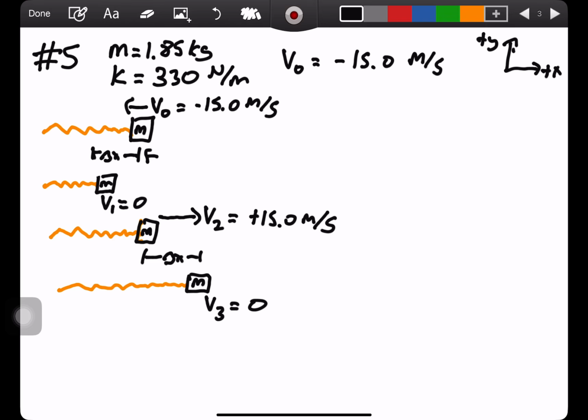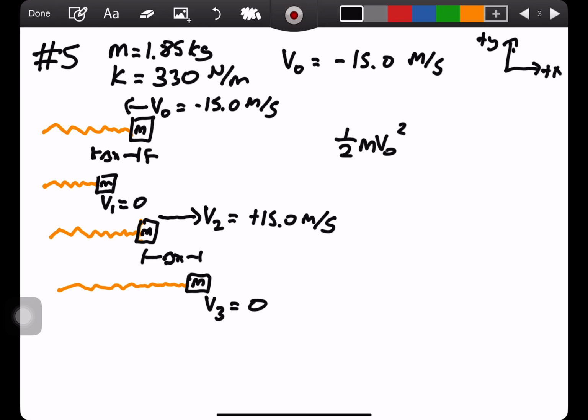At time 1 and at time 3, there's no kinetic energy, which means that because only conservative forces are acting here, there should be elastic potential energy at those times and no kinetic energy. So what we can say is that at the initial time, we have 1/2 m v0 squared.